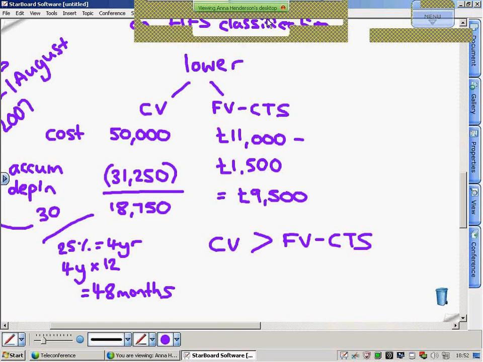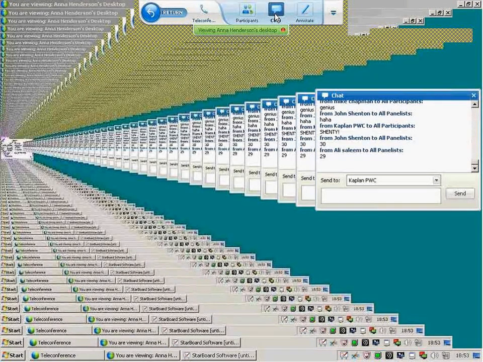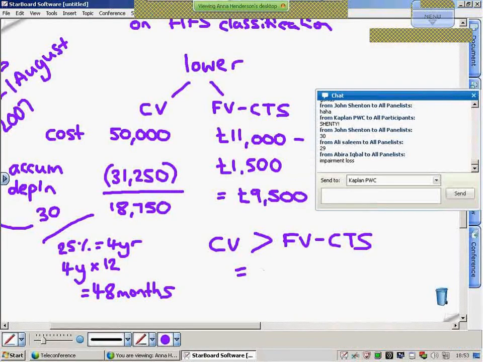If that happens, what do you get? An impairment loss is going to arise now.